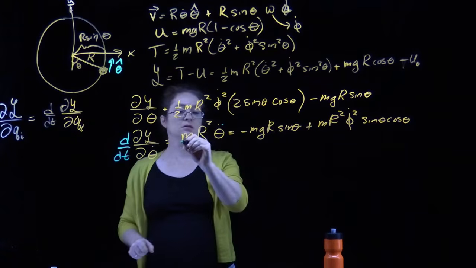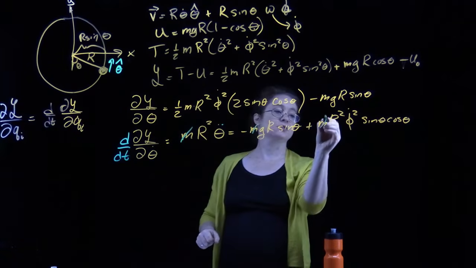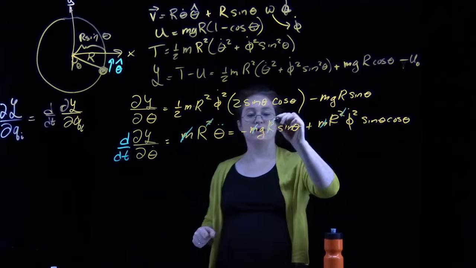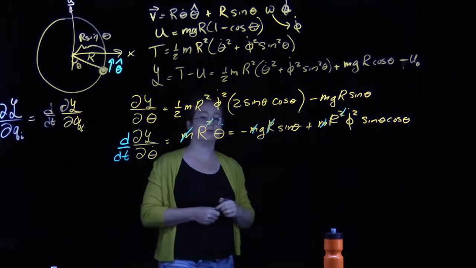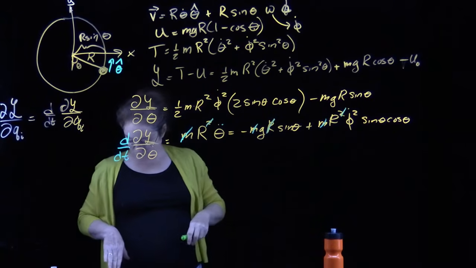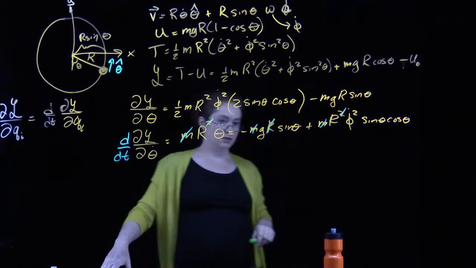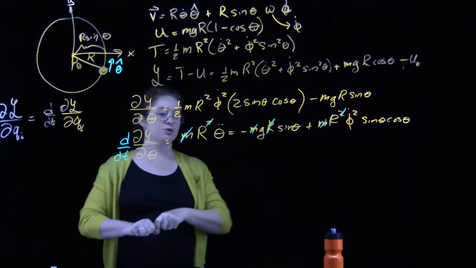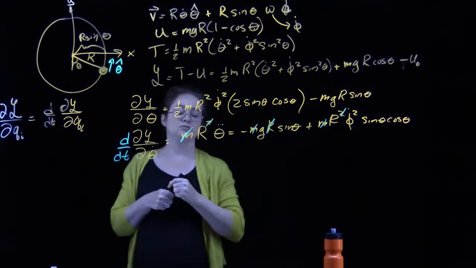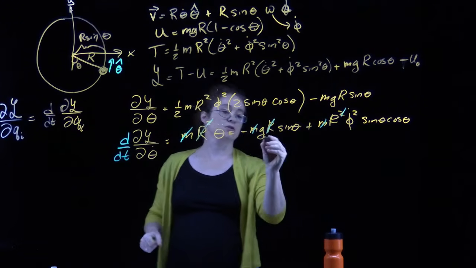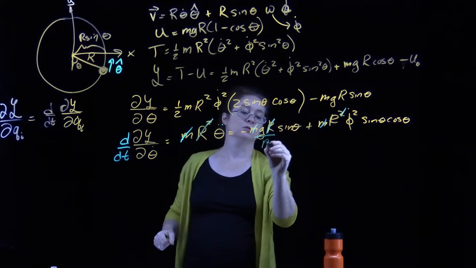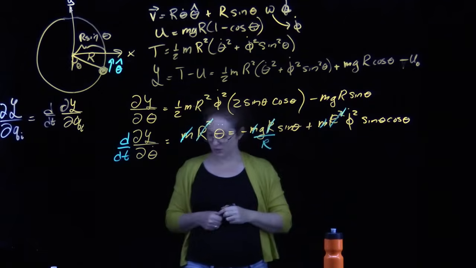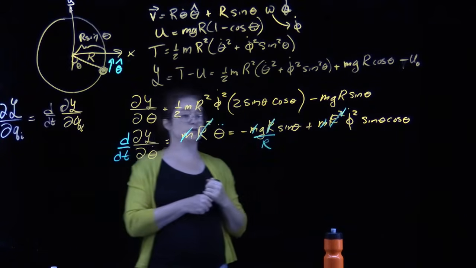And I have m's everywhere, and I have at least 1 r in every term. So I'm going to cancel out 1 r from each term, and then I'm going to divide through by r. So that's going to leave me with that. So I can rearrange this.